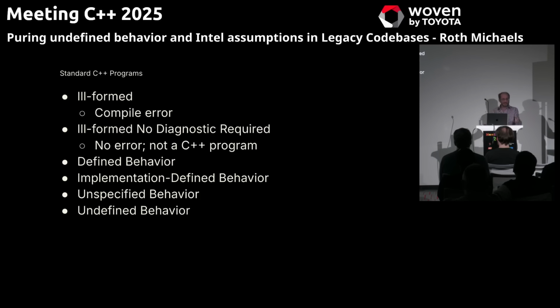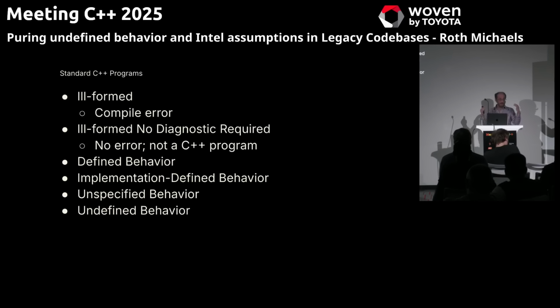This is not legitimate C++, but the compiler is not required to emit a diagnostic. An example of this is ODR violations, where you have two definitions of the same function. Maybe the linker can tell you, maybe not, but the point is you can have a false positive for having a C++ program due to this. We're not going to talk about that too much today, but then there's also defined behavior.